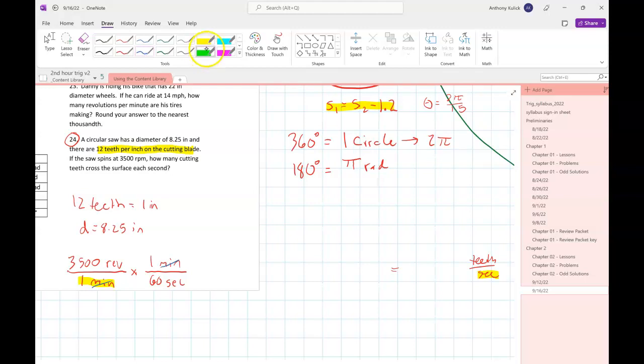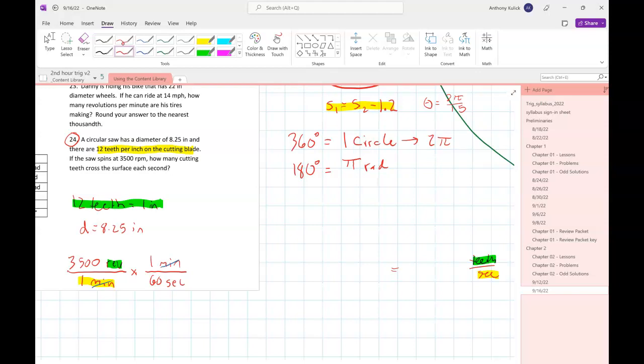Next thing I need to do is figure out a way to convert revolutions into teeth. Well, I know that I can convert linear distance into teeth because I have this conversion factor. What I need to do now is somehow convert revolutions into a linear distance.